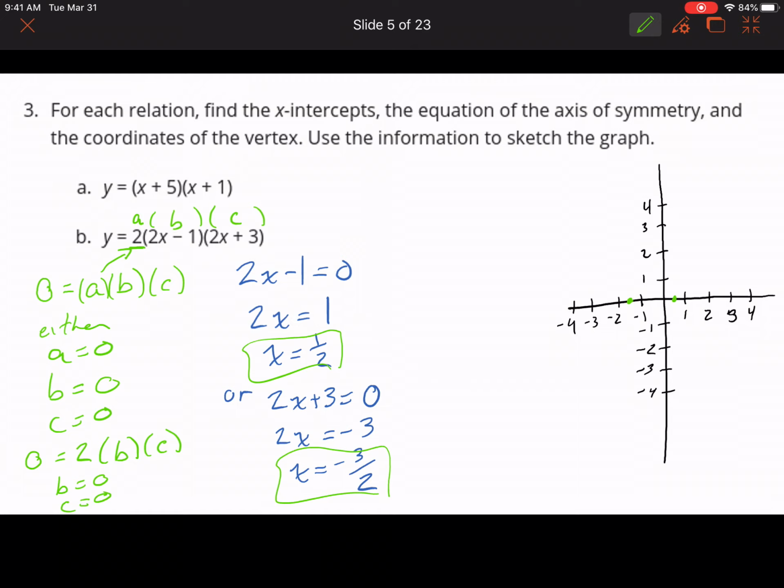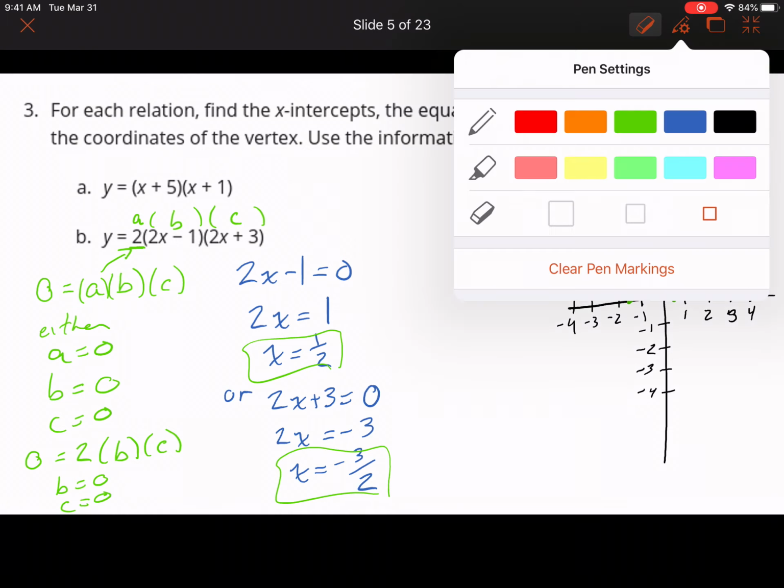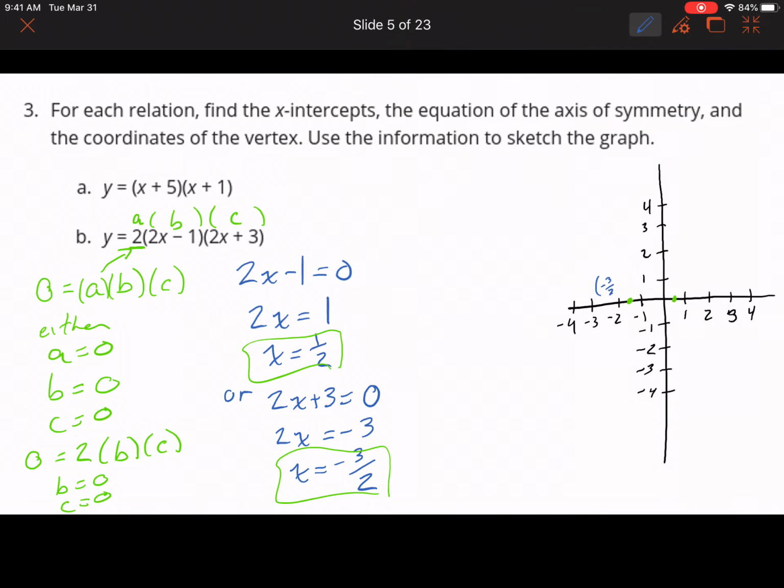And as I've said, we want to always plot them. And 0 and 1/2, 0. All right, so same as before, axis of symmetry.